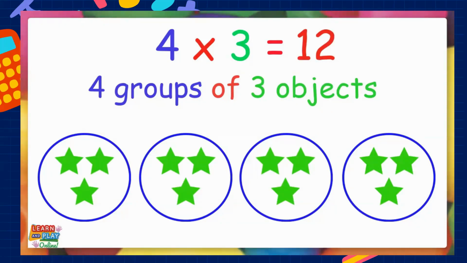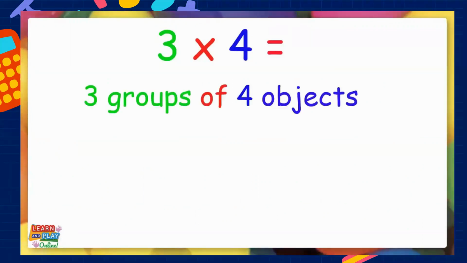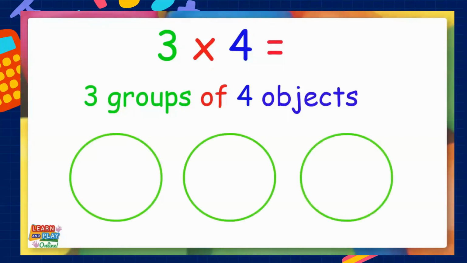Now let's swap the numbers over and have the question as 3 times 4. What do you think the answer will be? To find the answer to this question, we need to make 3 groups of 4 objects. Let's make 3 groups first. 1, 2, 3. Now we need to put 4 stars in each of the 3 groups.